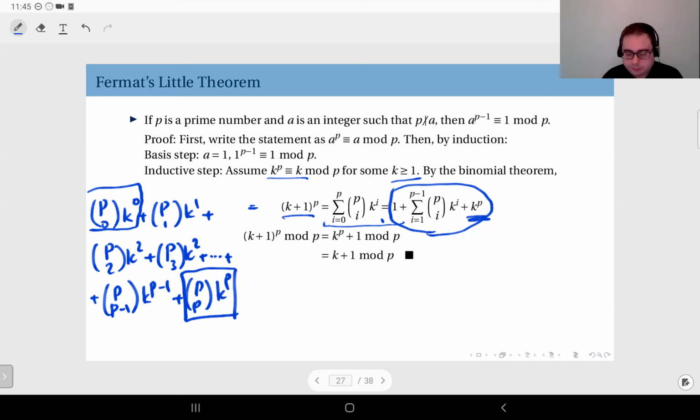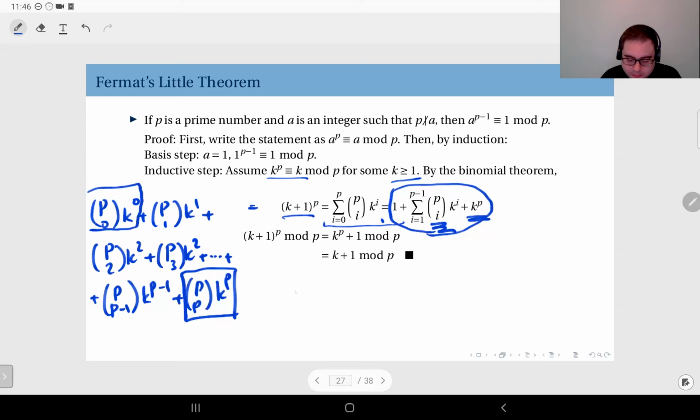The significance of the other terms is that they are all divisible by p, because if you look at the expressions, it's in the form of p choose i, where i is not 0 and not p, so it's from 1 up to p minus 1, and any of those expressions, p choose i, is going to have a factor of p in it.